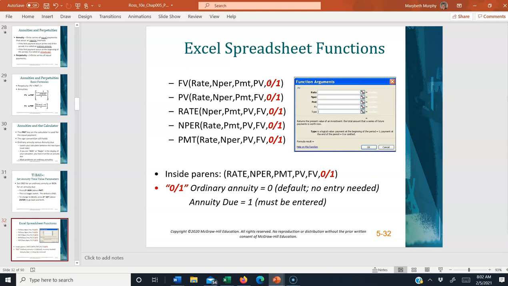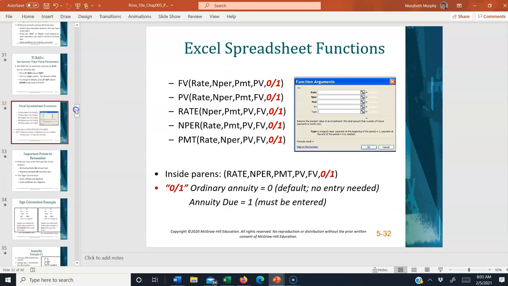It automatically assumes it's 0. If it's an annuity due, you need to enter 1. So in all cases, like in the calculator, if you have an annuity due, you need to do something. In the Excel spreadsheets, if it's an annuity due, again, you need to do something. If it's an ordinary annuity, you can kind of ignore it.